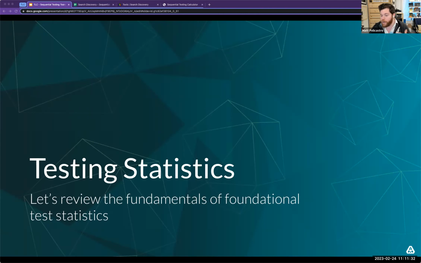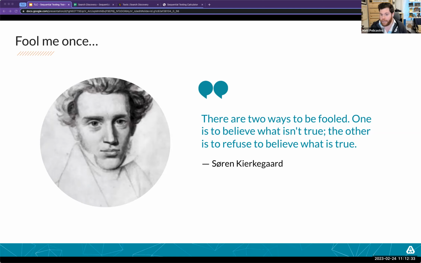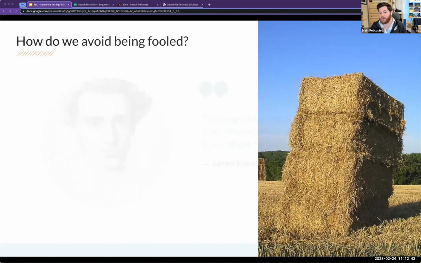Let's not get hung up so much on the specifics of the math and background, because that's really valuable, but that's not the point of why we develop these tools. We want to make it more accessible for more folks, product managers, growth managers, people like that, to think about sequential testing as another tool in their toolbox, particularly as they're considering running other types of experiments. So how do we avoid being fooled?